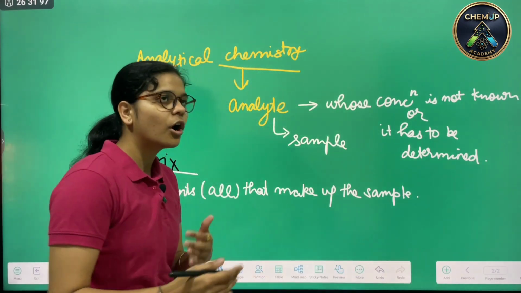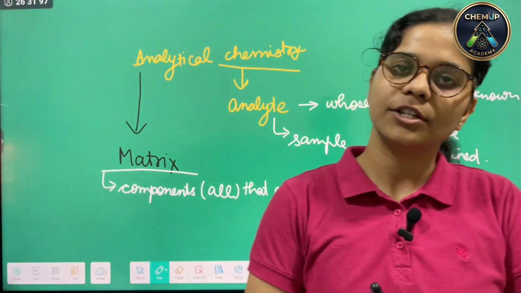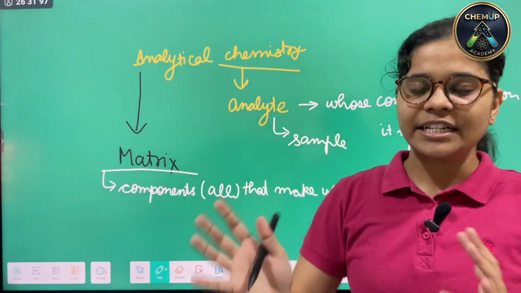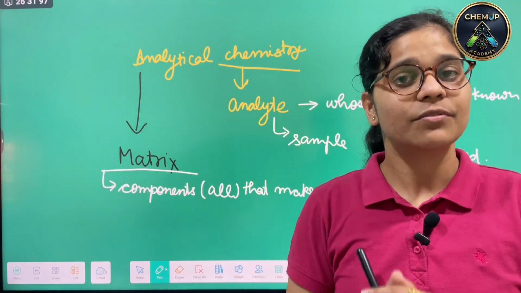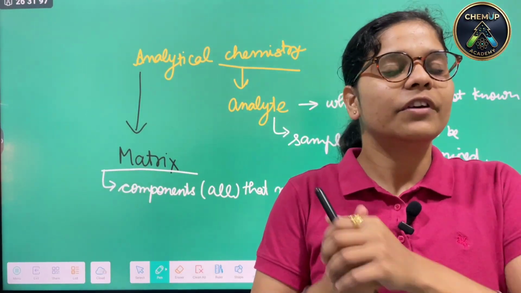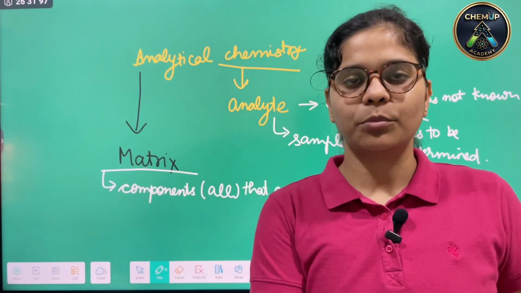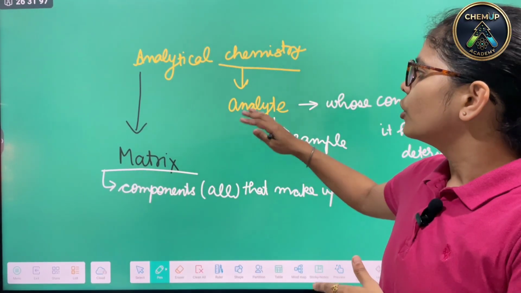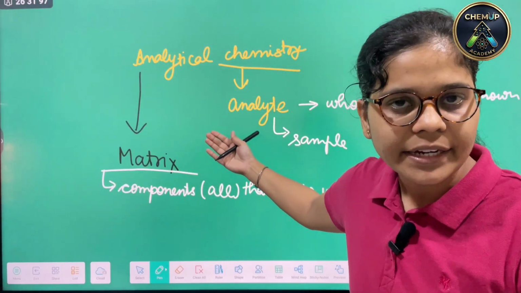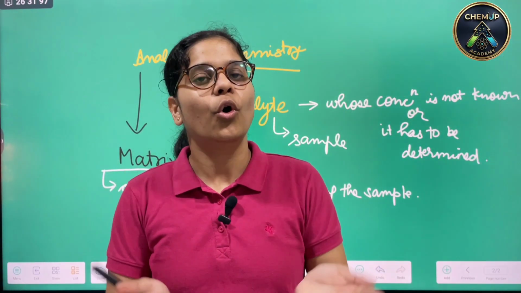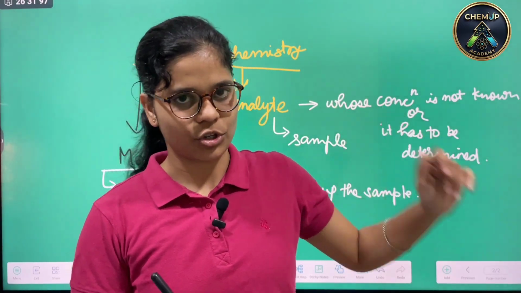All the components that make up your sample are known as your matrix. So analytical chemistry basically deals with these two things. That means we can determine the concentration, and follow it up for more processes in order to determine the analytes and also the matrices. So this is the whole of analytical chemistry.